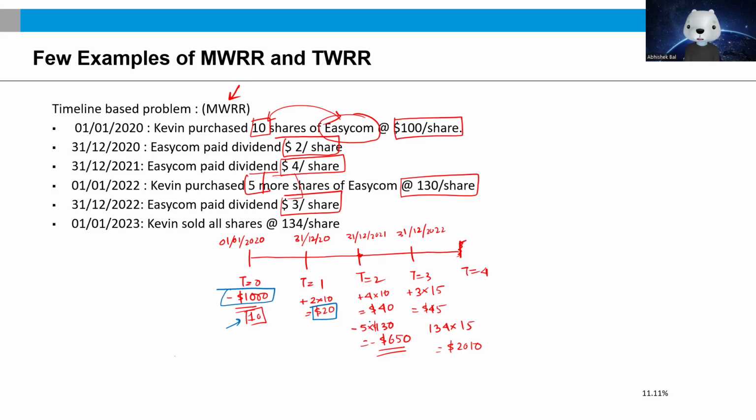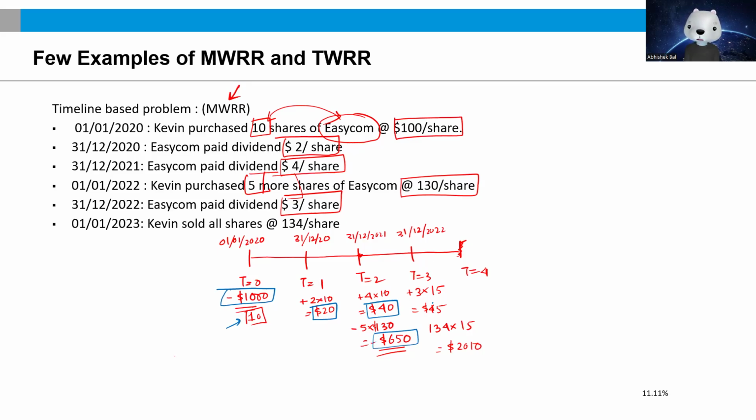Another year down the line, a couple of things happened. First, the existing 10 shares paid a dividend of $4 each, thus accounting for cash inflow of $40. But at the same time, Kevin additionally purchased 5 shares, taking a $650 cash outflow because of this additional buy.